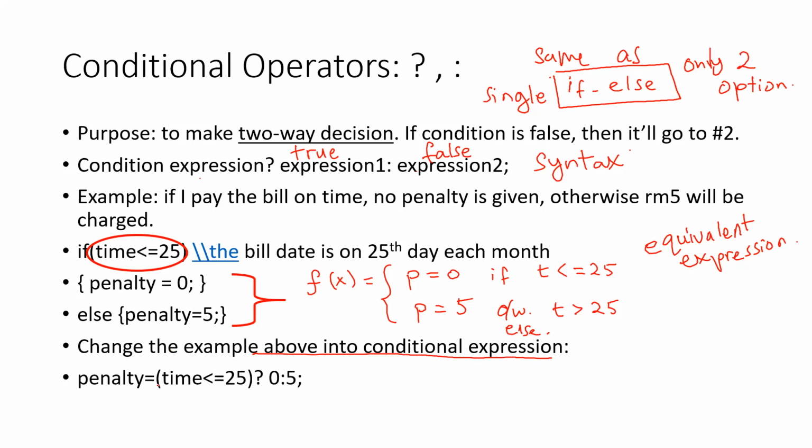Now if I want to change this example right here into a conditional expression, I can say penalty equals 0 or 5. This is my conditional operation. So meaning that if I met this condition, then I will go to this one. If my time is 24, or maybe 25, then this is my penalty value.